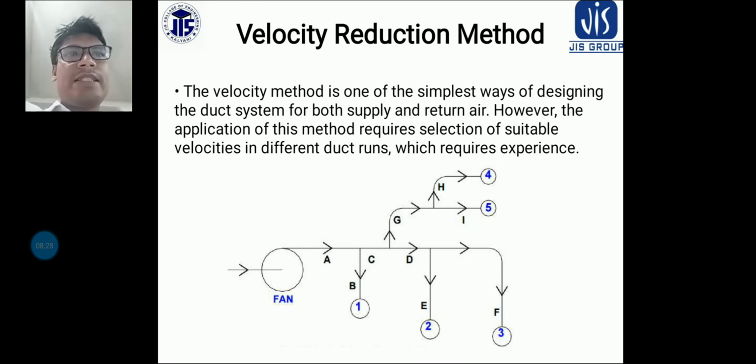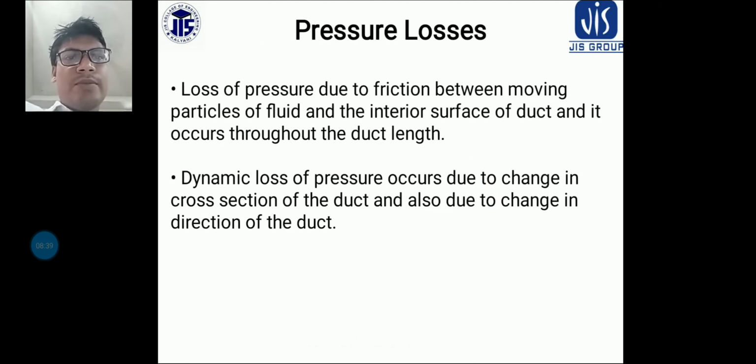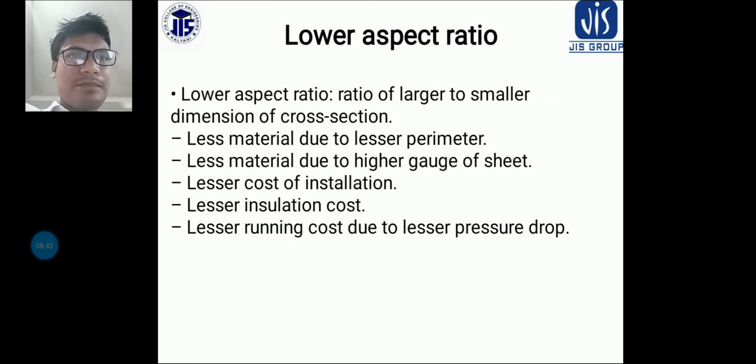The duct is made of steel sheet, and steel metal expands and contracts when heated and cooled, because of thermal expansion.